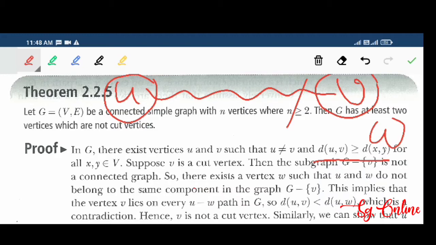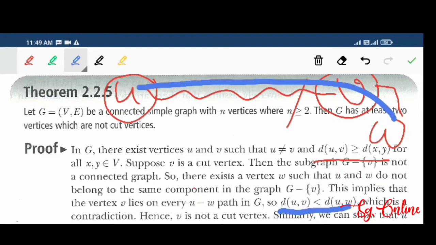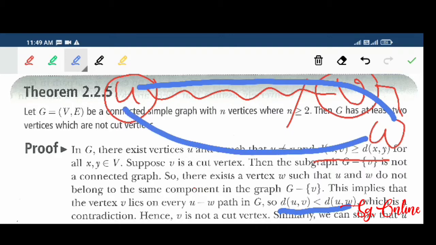So all the paths between U and W are through V. But then the distance of U and W becomes strictly greater than the distance of U and V, because from V to W there is at least one edge, and so the distance of U and W is more than the distance of U and V. There is no path between U and W avoiding V, because by deleting V, U and W are in different components.